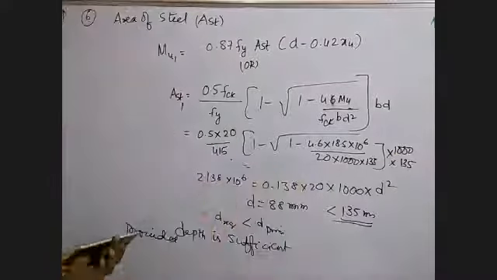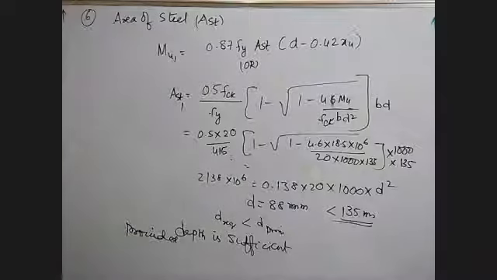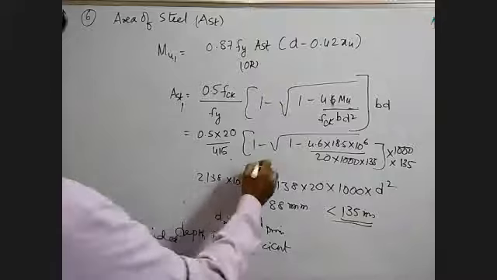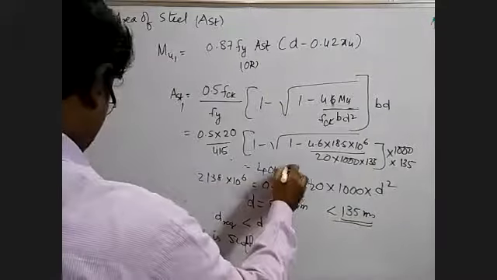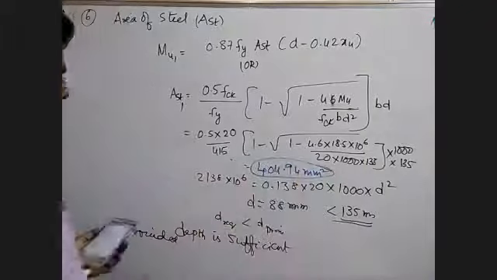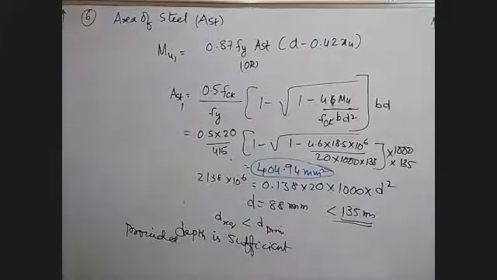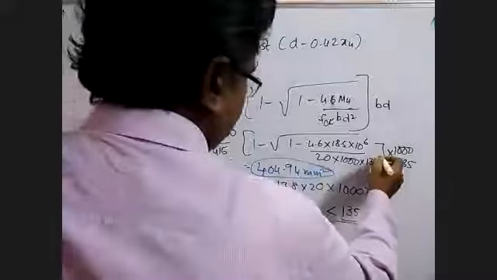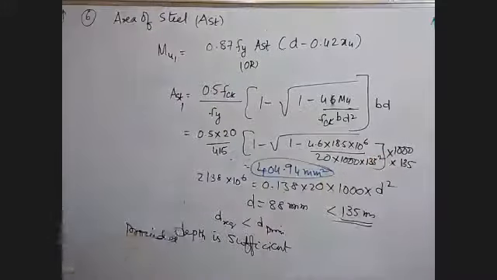So you'll get the AST1 value here. The AST1 value here is 404.94 mm square. Under the square root, it is 135 square, sir. Okay, into 135 square.